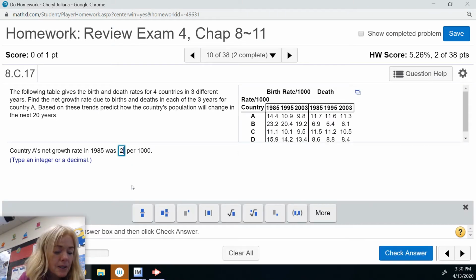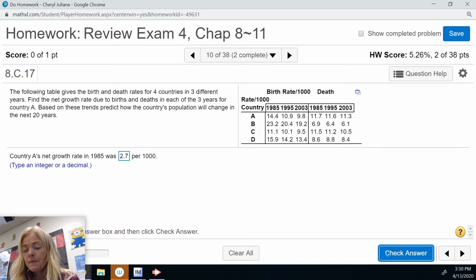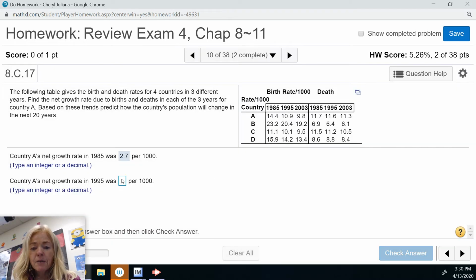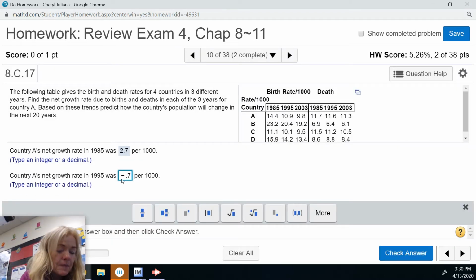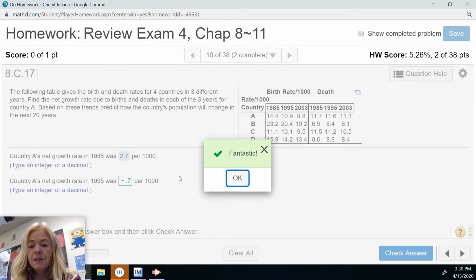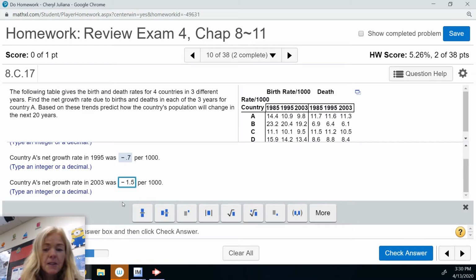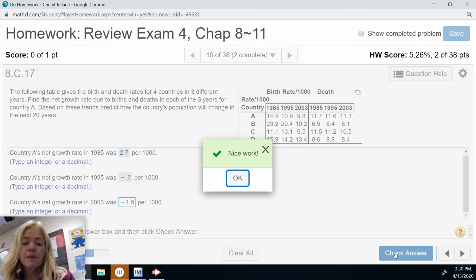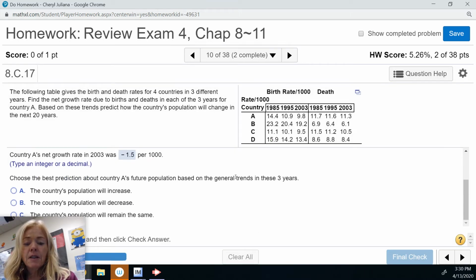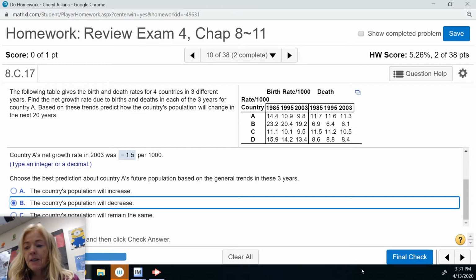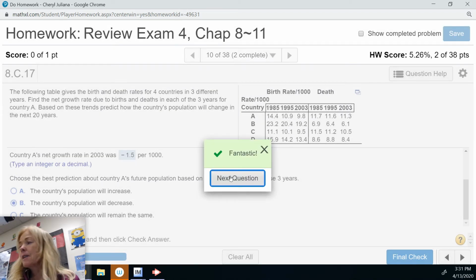So the first was 2.7, and the next was negative 0.7, and the next was negative 1.5. All right, so those three were the years' growth rates. And then it asks us what's going to happen, and the country's population will decrease based on those growth rates because they're getting more and more negative. So that should be our final answer.